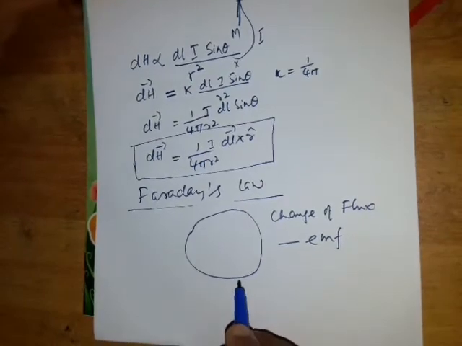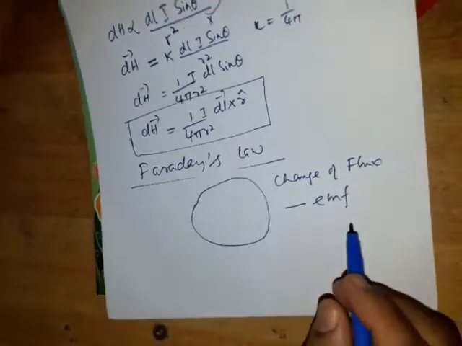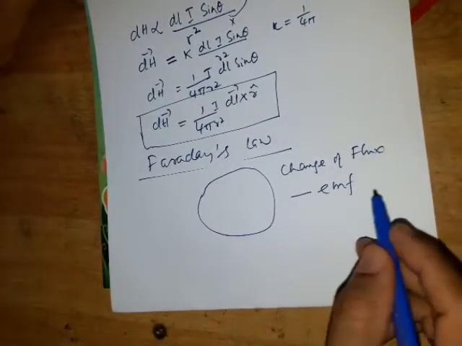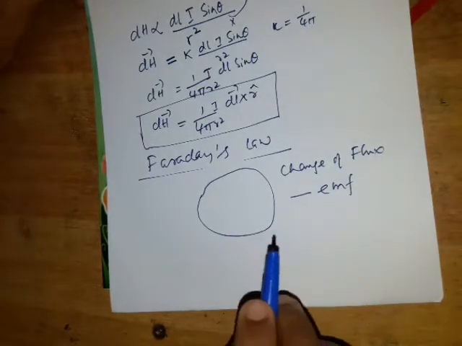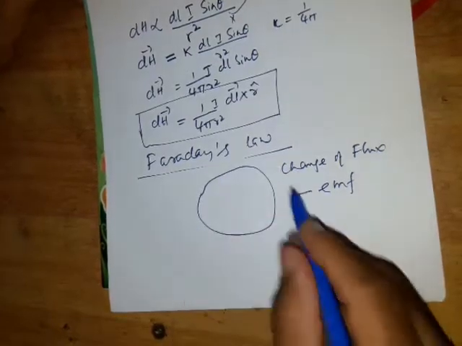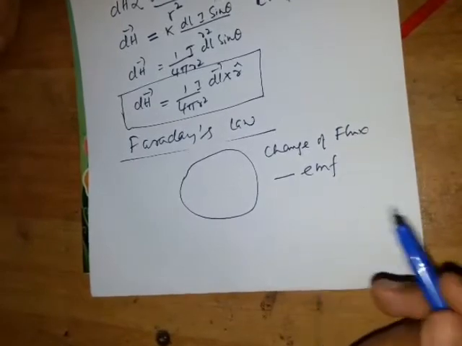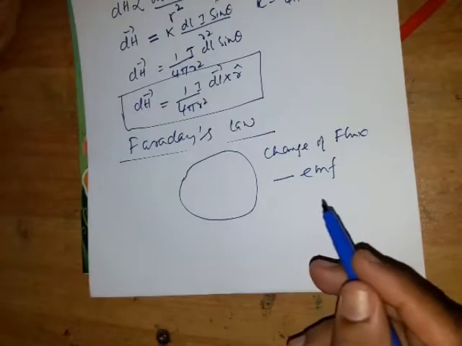Or Faraday's law can be stated as the magnitude of the induced EMF in the circuit is equal to the rate of change of flux linked in the circuit, in the opposite direction. In the sense, the EMF is opposing the change of flux.